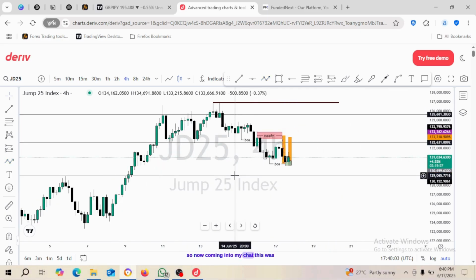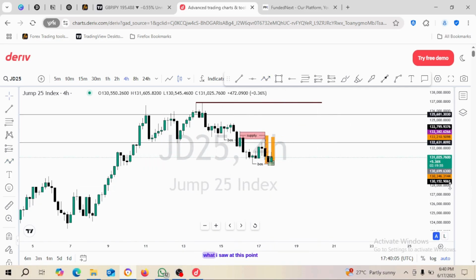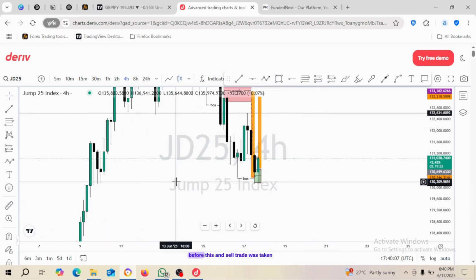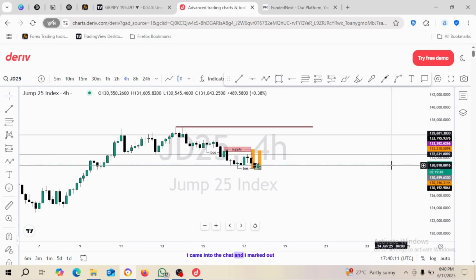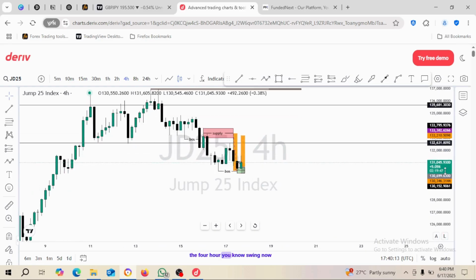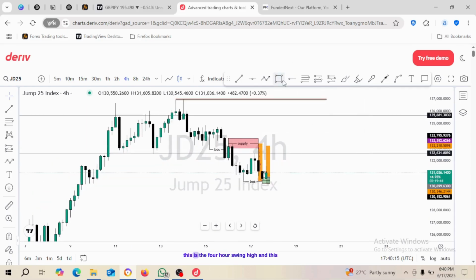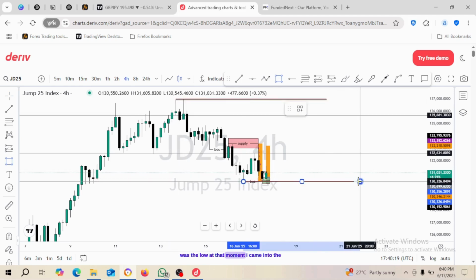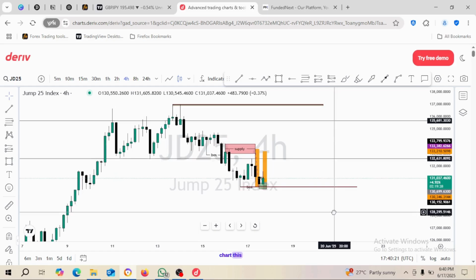So now coming into my chart, this was what I saw at this point. Before this sell trade was taken, I came into the chart and I marked out the 4-hour swing. Now this is the 4-hour swing high, and this was the low at that moment I came into the chart.